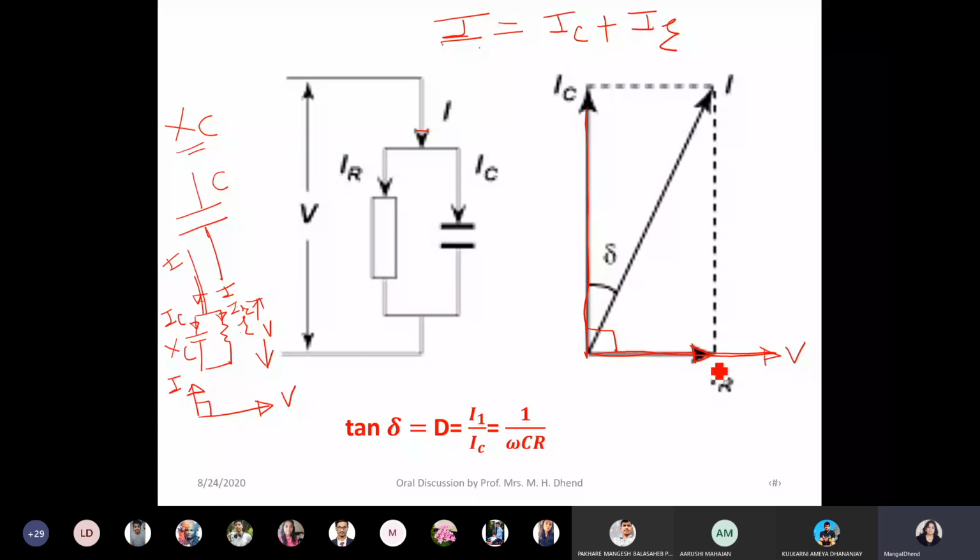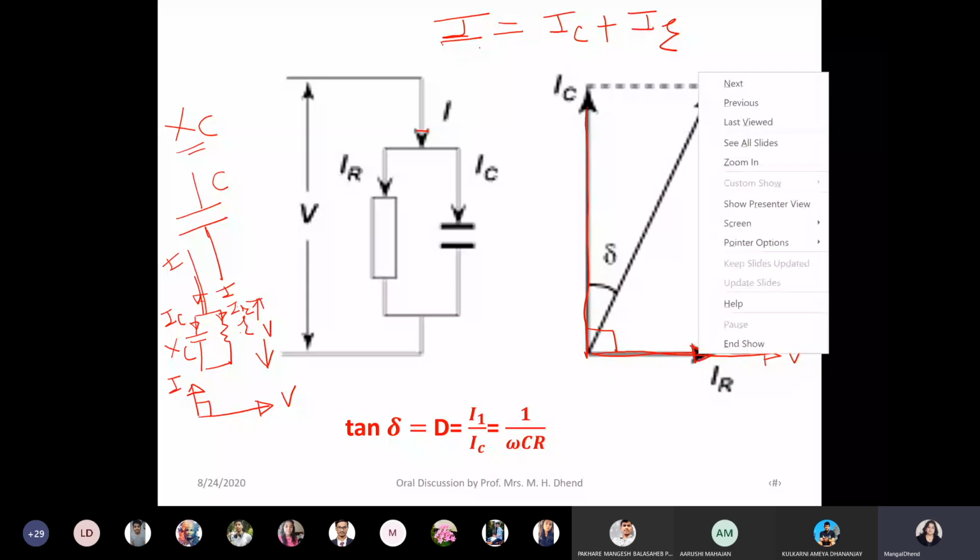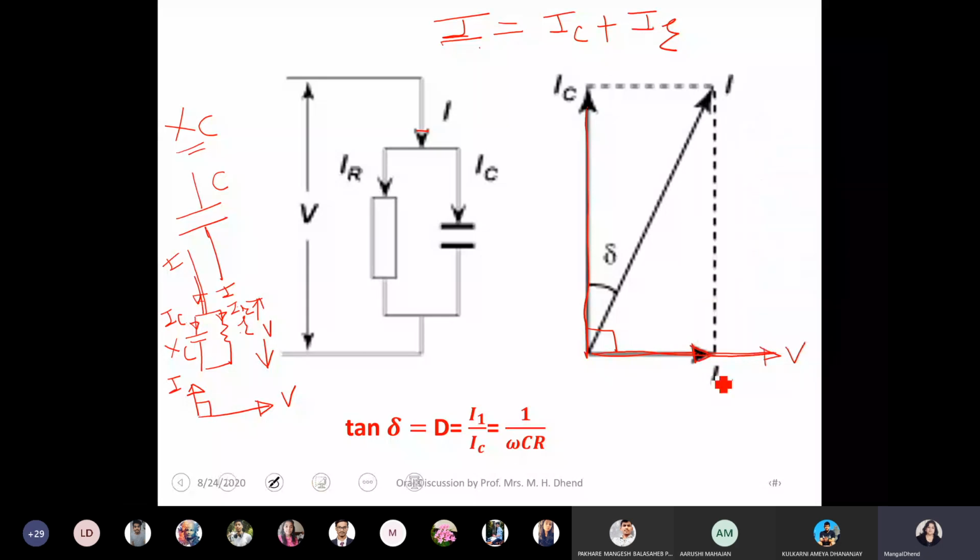IC is here. Where is my IR? IR is here; I have shown it small. Now I have to find the current, IC plus IR. How do you find vector additions? By the parallelogram method. You extend IC and this point, and this will be the current through the capacitor I.